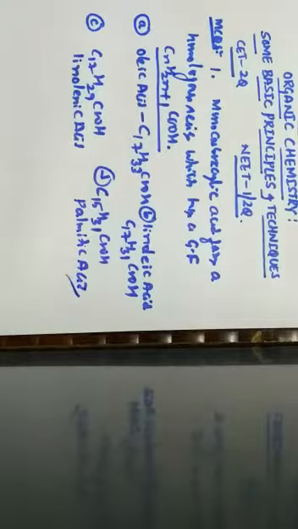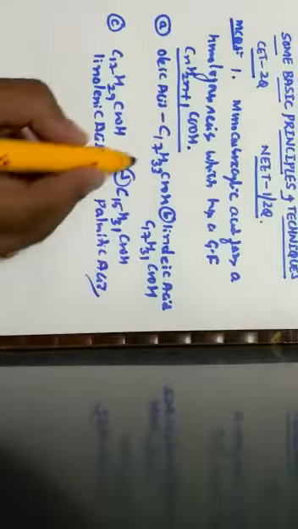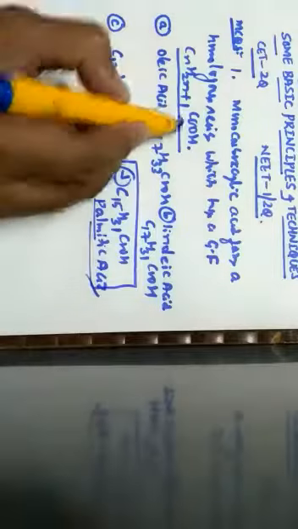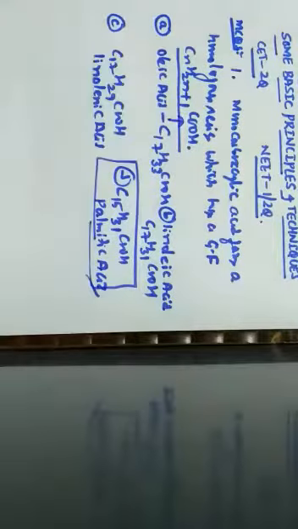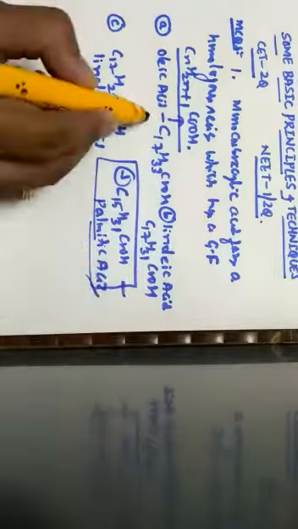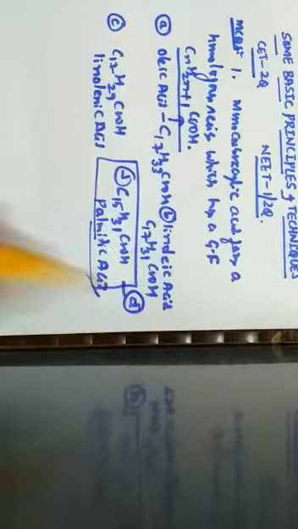So when it comes to all these formulas, palmitic acid, that is C15H31COOH, follows the general formula CnH2n plus 1 COOH. Hence, an example for a saturated fatty acid is palmitic acid, which is given by option D.